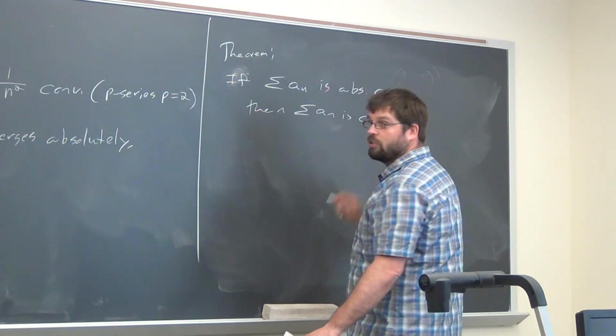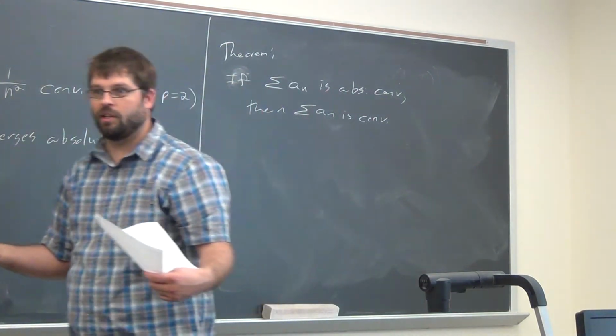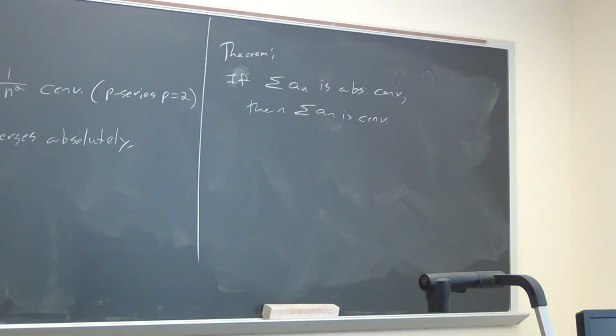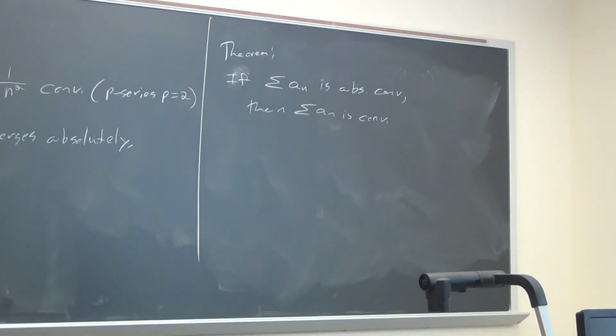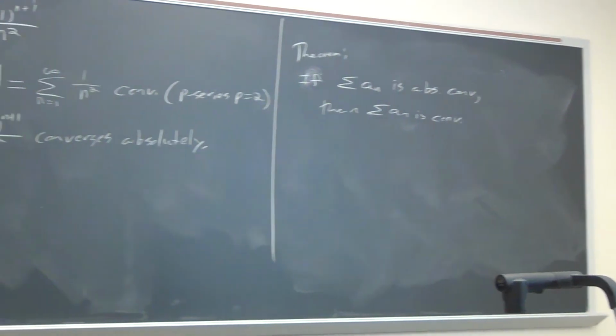Being absolutely convergent is really a stronger property than just being convergent. So if you've shown it's absolutely convergent, then the original series is also convergent. And this is useful in just a few cases, which would be something like this.